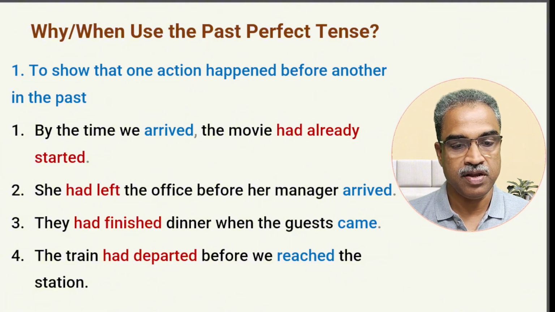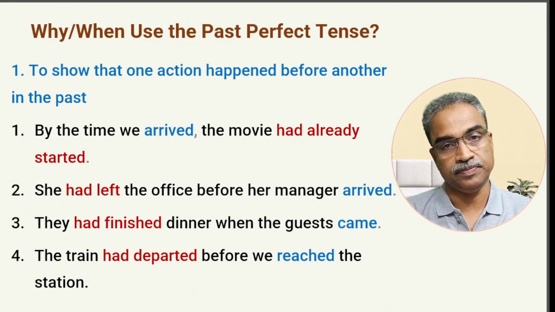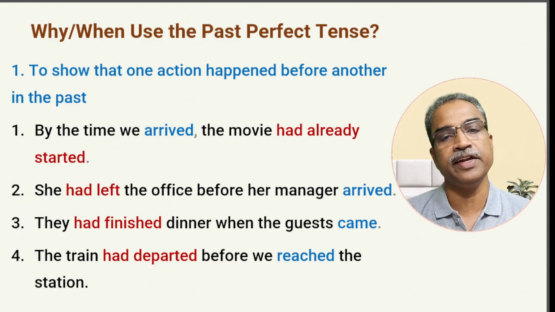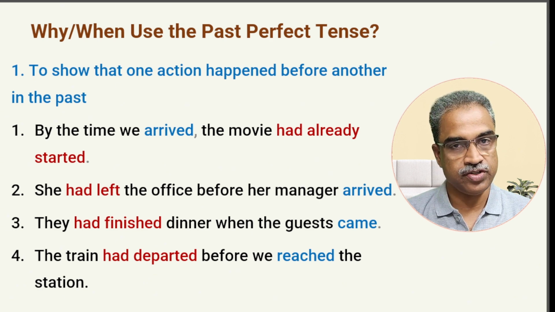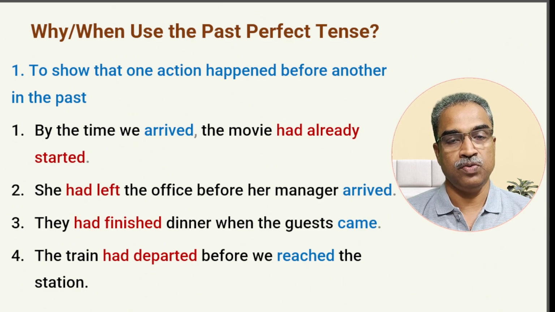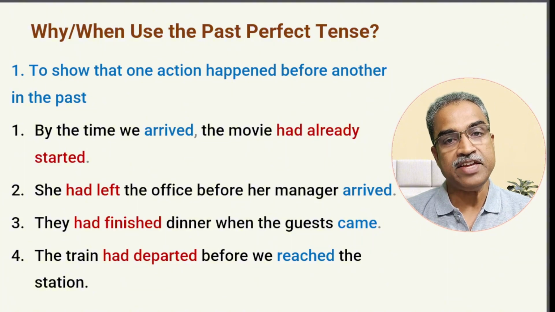And the last example, the train had departed before we reached the station. So two things happening there again. One is the train's departure, leaving the station, and then our reaching the station. So we wanted to go somewhere. We had reserved our tickets. Then what happened? We were late.